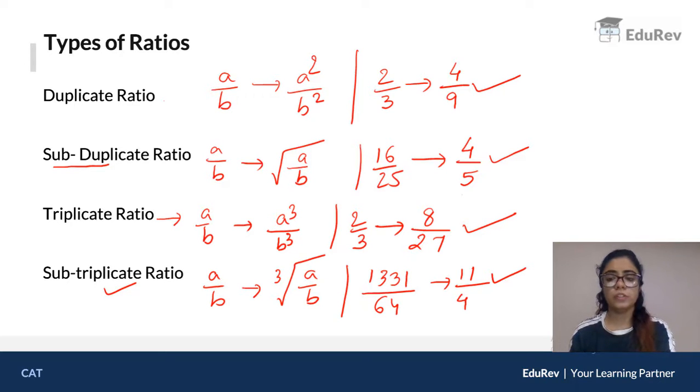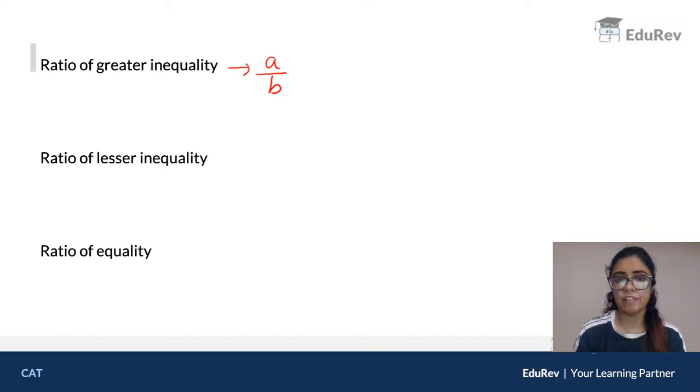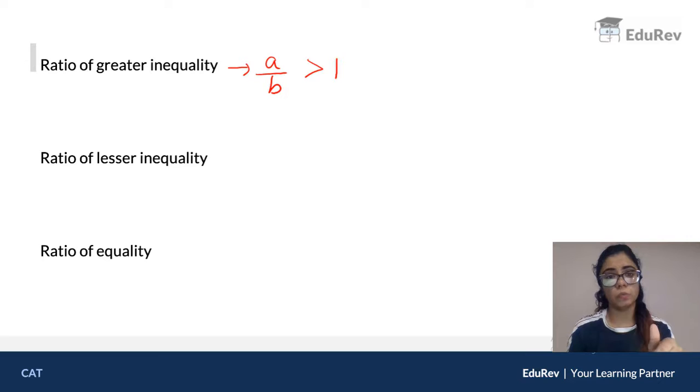Now let's move on to the next topic. Yes, this is ratios of greater inequality, ratio of lesser inequality, and ratio of equality. Now what is greater inequality? Suppose if I tell you I have a ratio A upon B. Okay? I have a ratio A upon B. If this value is more than 1, it is said to be a ratio of greater inequality.